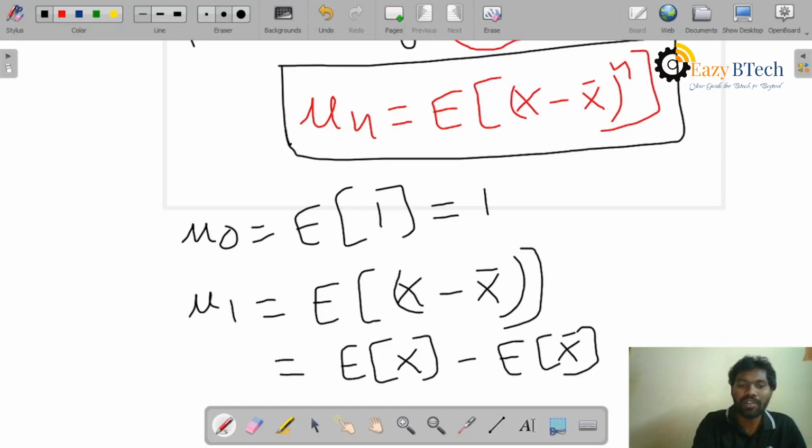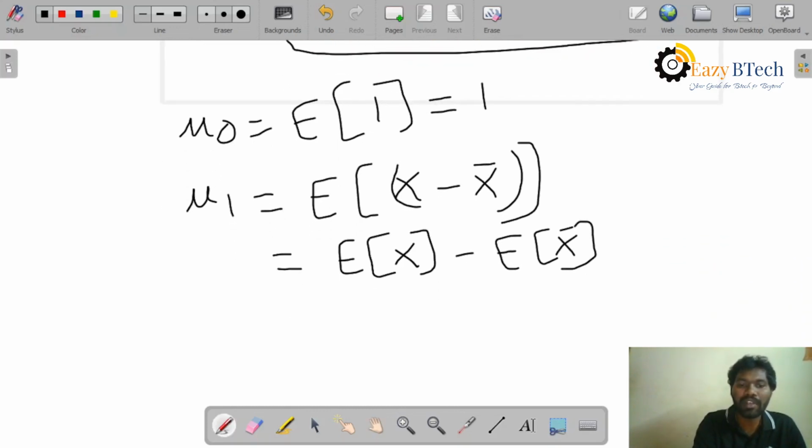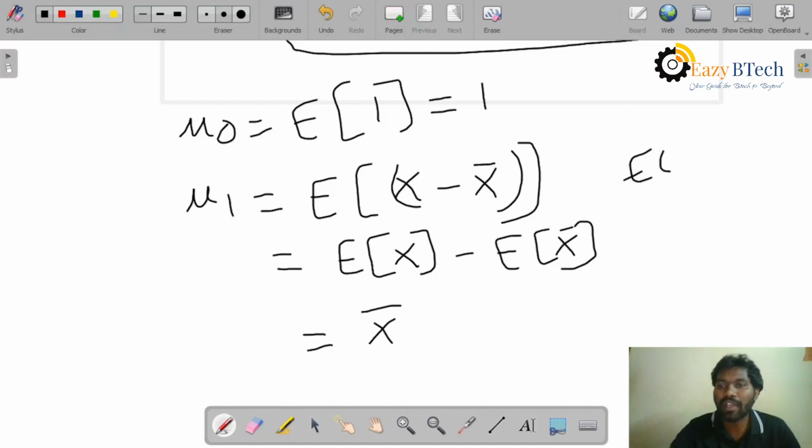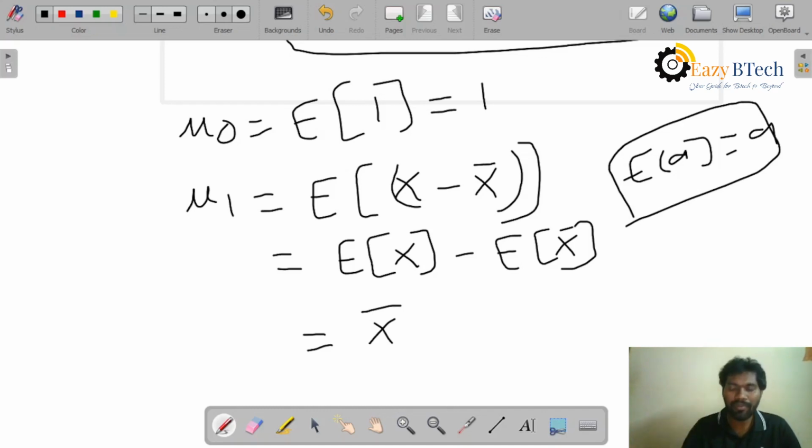We already know that expectation of x is equal to x bar, and since the mean value is constant, the expectation of a constant a is equal to a. So expectation of x bar is x bar. That means the first order central moment is always equal to 0.